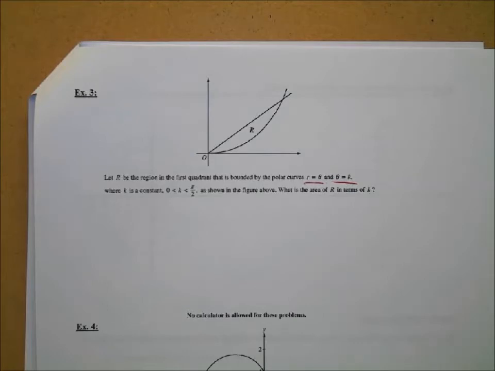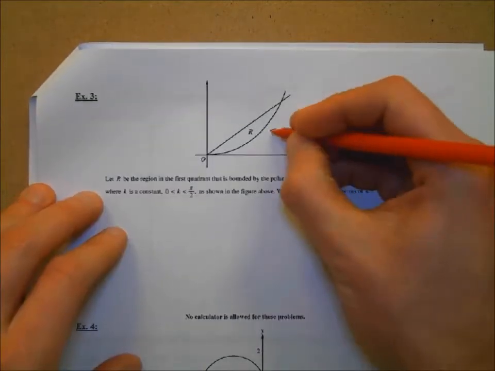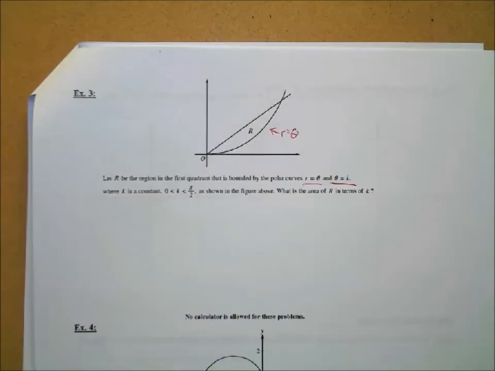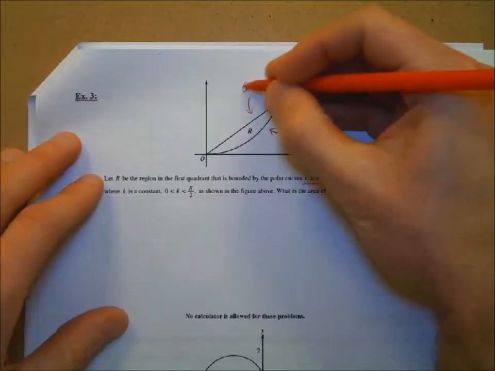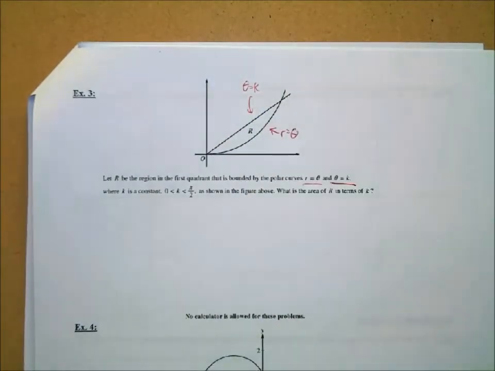So which curve is r equals theta? It's the curvy one, the bottom one. Exactly right. This curve right here is the r equals theta curve. Which then makes, by process of elimination, this theta equals k. Now remember, k here is a constant, so it's just a single number.